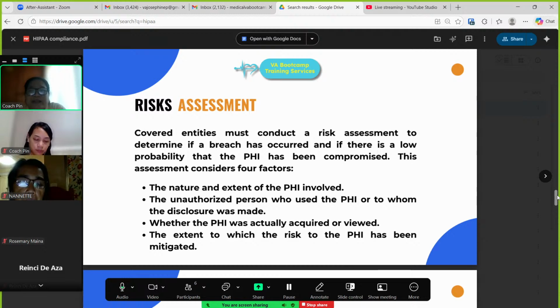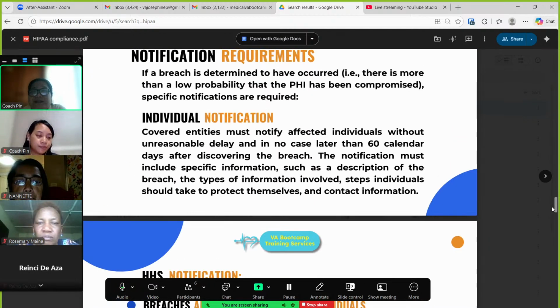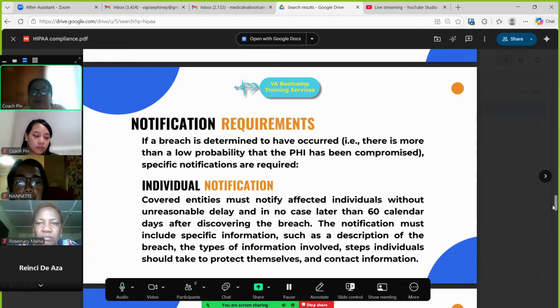The nature and extent of the PHI involved, the unauthorized person who used the PHI or to whom the disclosure was made, whether the PHI was actually acquired or viewed, and the extent to which the risk to the PHI has been mitigated. I know this is a little bit overwhelming, but we need to discuss the importance of HIPAA, all right?